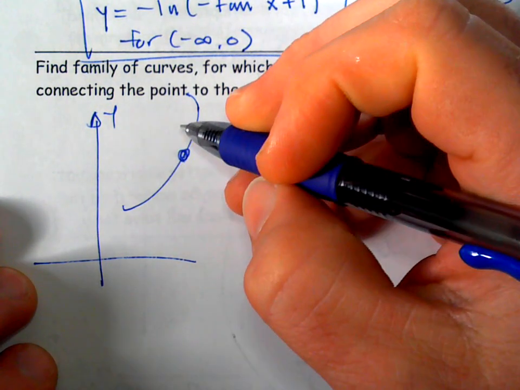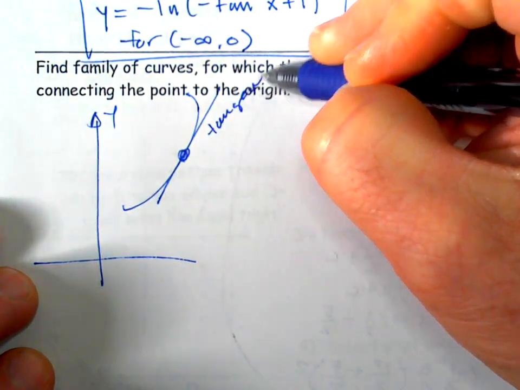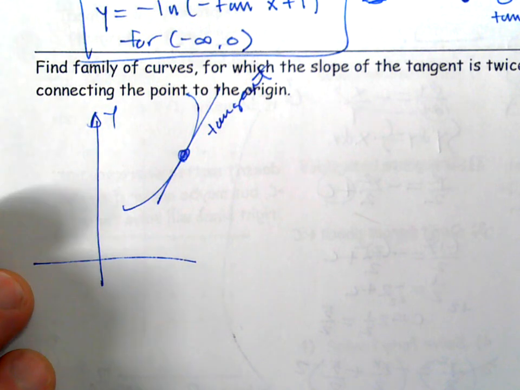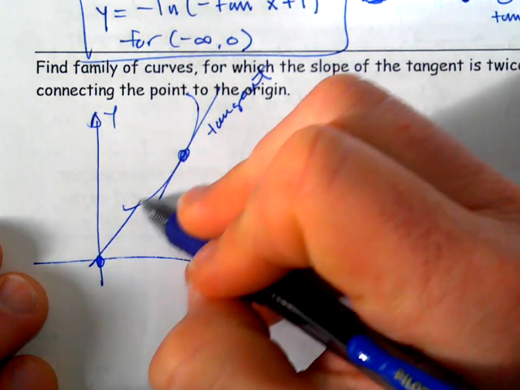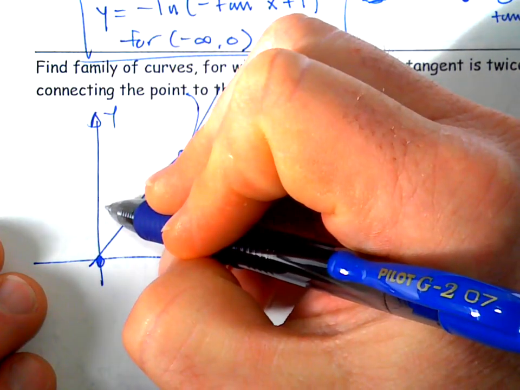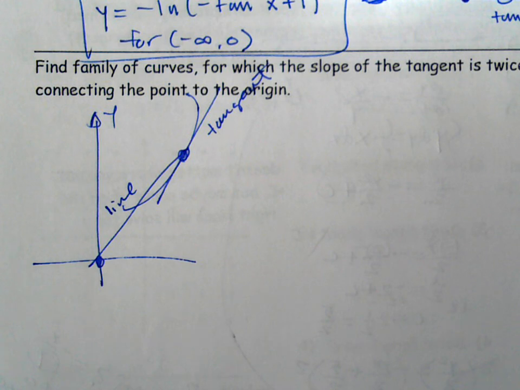Okay, so we have a tangent line, and then we have a slope from the line connecting the point to the origin. So that's a different line. And we're trying to figure out, is there a certain family of curves where this is always true?